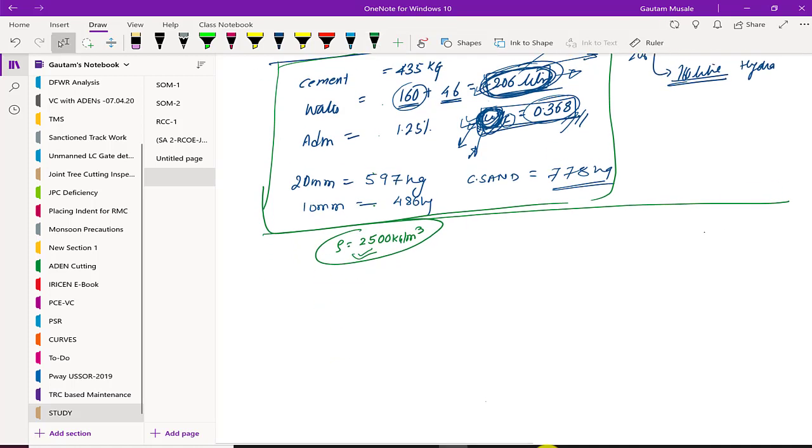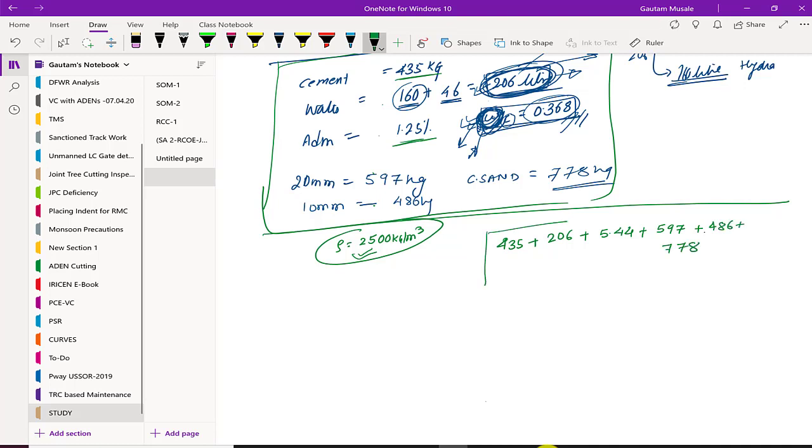Let us say cement is 435, water is 206, admixture 1.25% of 435 turns out to be 5.44 kgs, plus 20 mm is 597 kgs, plus 10 mm 486 kgs, plus crushed sand 778 kgs.